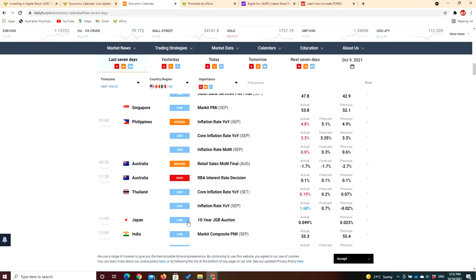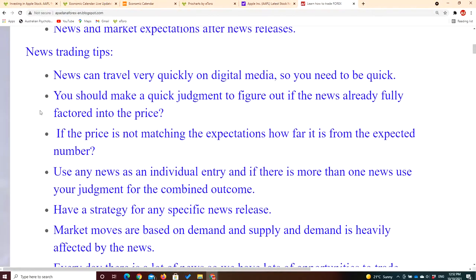So if the trend is up or down or steady or sideways, this event is not that important for this market. So yeah, I go back to here. You should make a quick judgment on whether the news is already factored into the price or not.